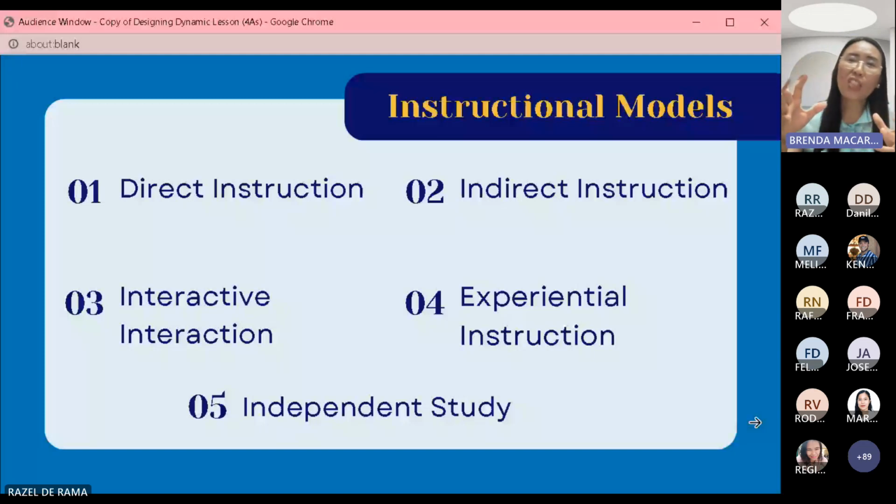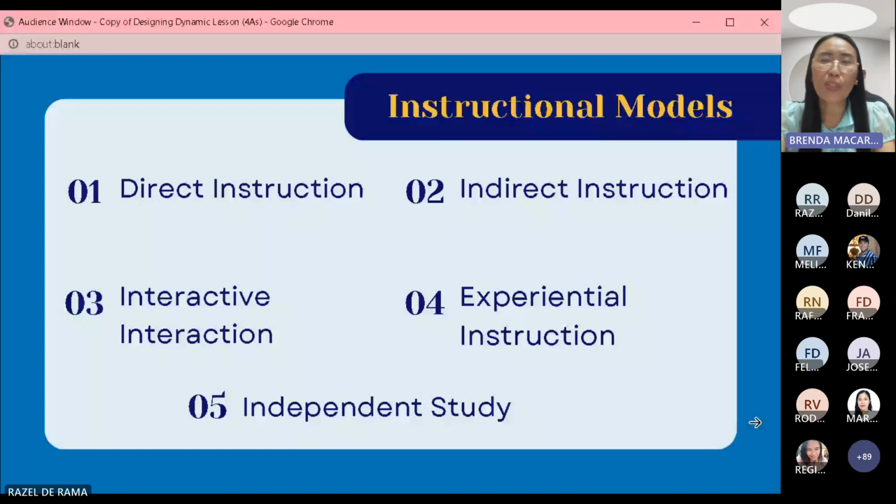So these actually represent the framework of our thinking in the delivery of our lessons kapag nag-iisip tayo, no? Thinking, how are we going to deliver the lessons na dapat nating maituro for that specific day.